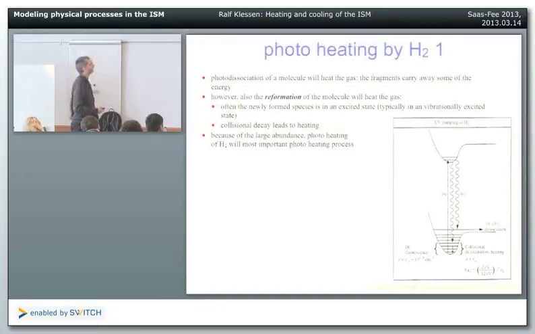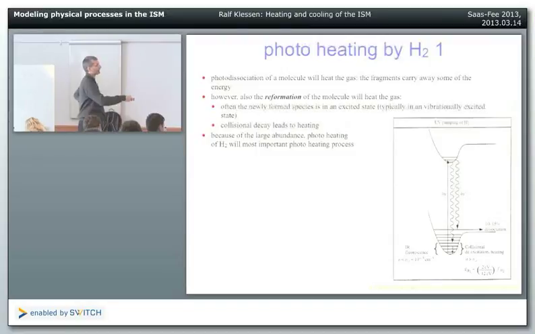Good. I can have photoheating by molecular hydrogen, which is very important and very complicated, because what happens is the photon can be absorbed in the low-lying electronic state, go up to an excited electronic state, but then there are several possibilities to come back. It can come back in the vibrational continuum of the ground state.